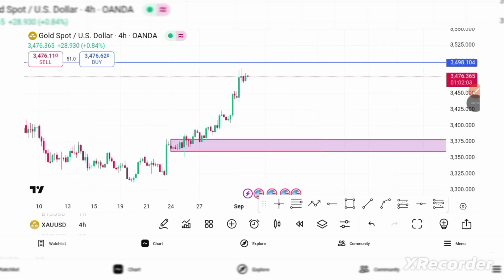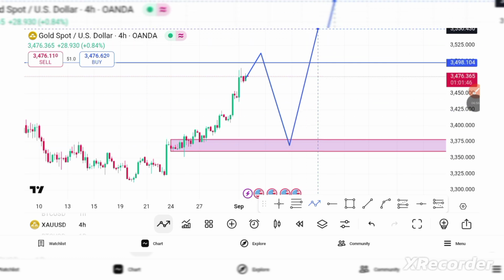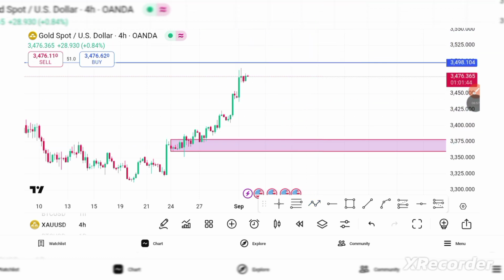Only liquidity, and the zone is not strong enough for price to turn and give us that movement to the upside. So in my opinion, on my analysis, that is what I saw in the market.